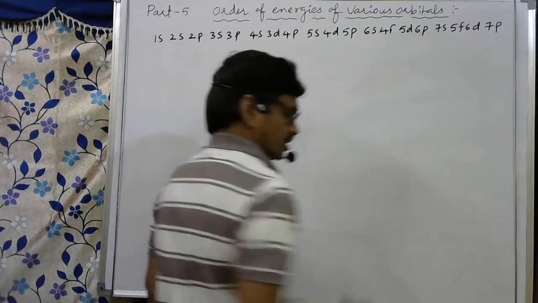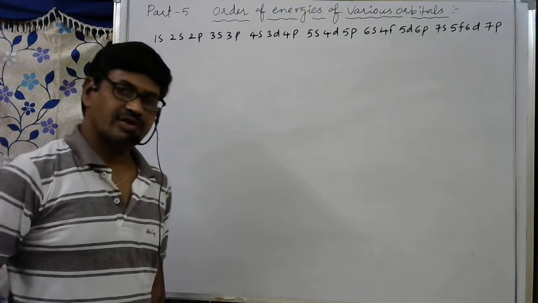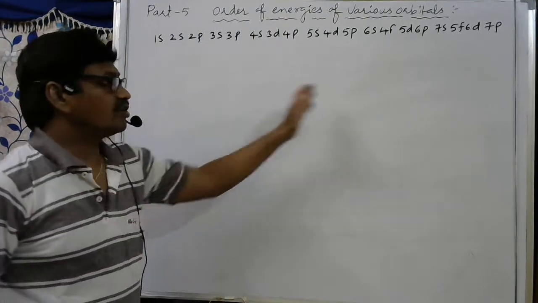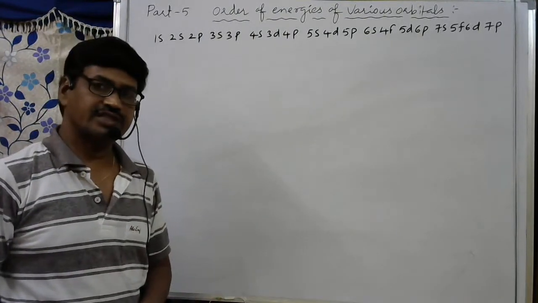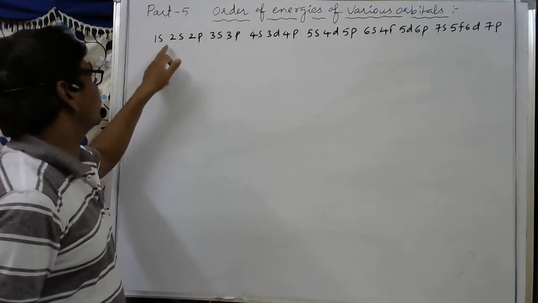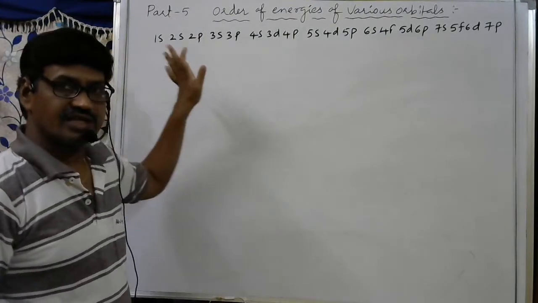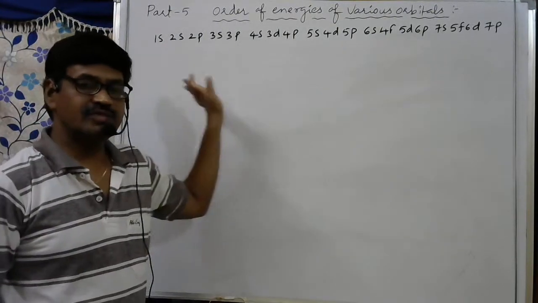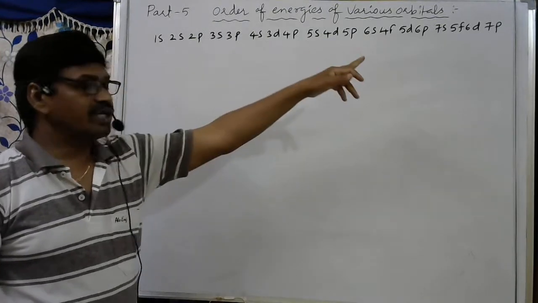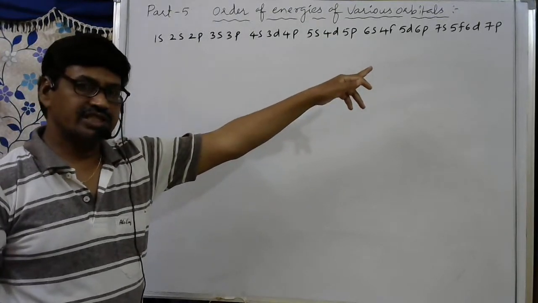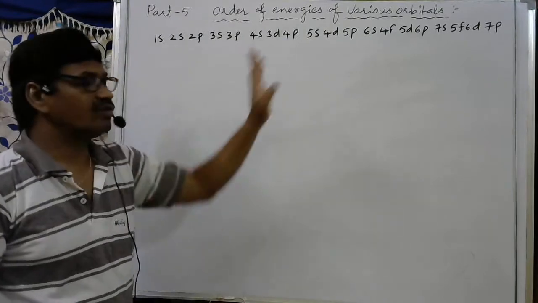So these are the different orbitals in increasing order of energy. No less than or greater than sign is given here. This is increasing order from left to right. 7p orbital is more energetic than the 1s orbital or all the remaining orbitals.